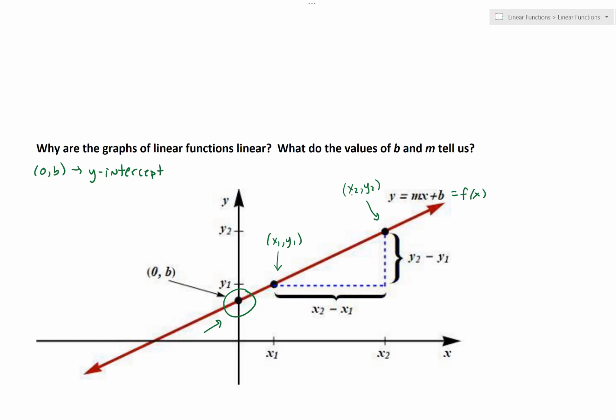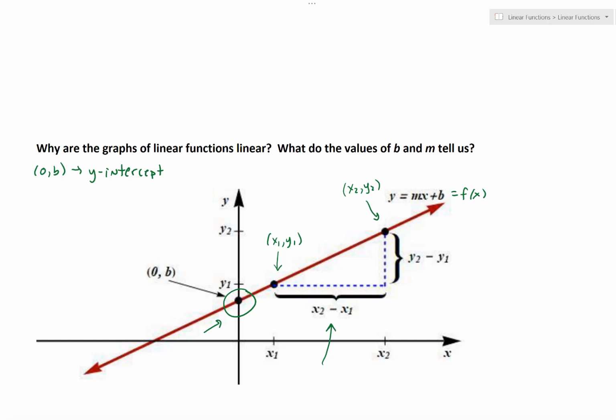And so if I look at how far I've gone from the different horizontal positions x1 and x2, well, that distance between the two different x values is x2 minus x1. I just subtract the smaller one from the larger value.